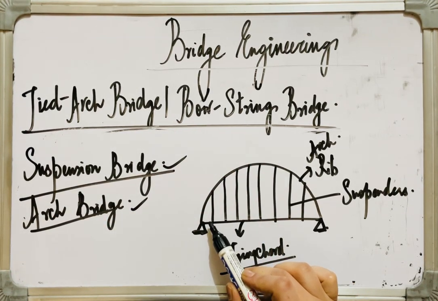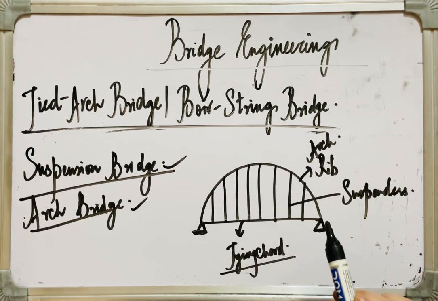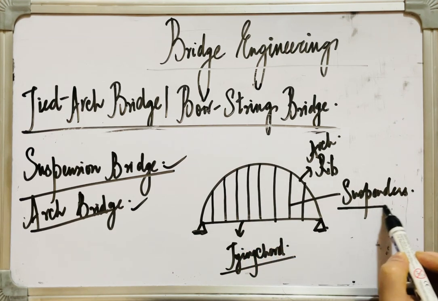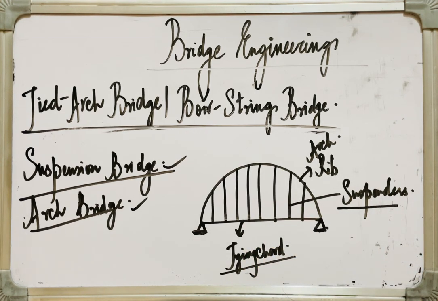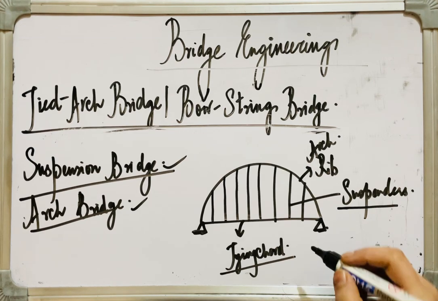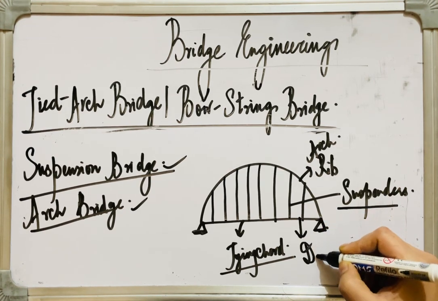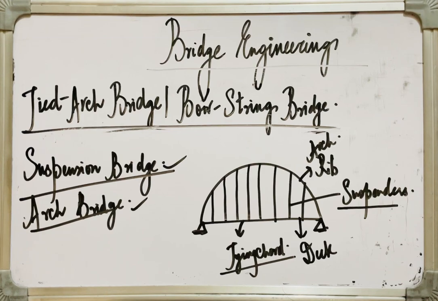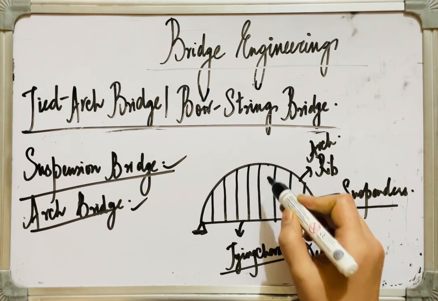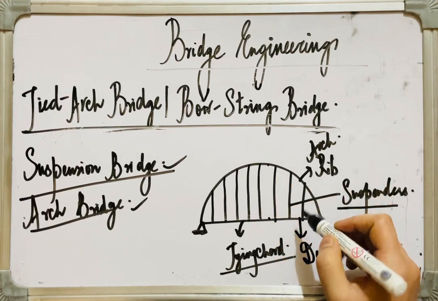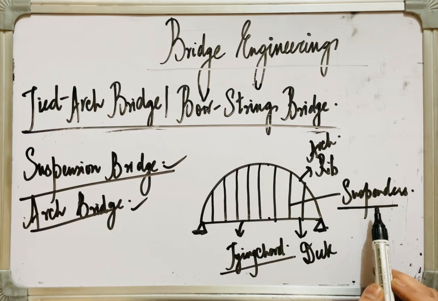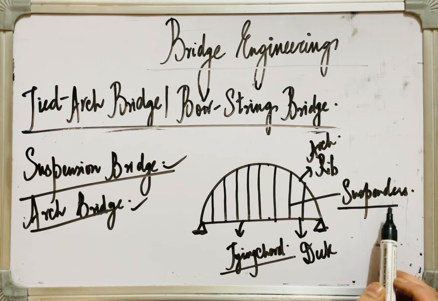This is essentially a suspension bridge because the deck is suspended from the arch and connected by means of these suspenders. So in case of a tied arch bridge, the deck, this is the bridge deck, also remains suspended as in case of a suspension bridge from the arch. The deck is suspended below the arch and is connected to it by means of these hangers or suspenders.